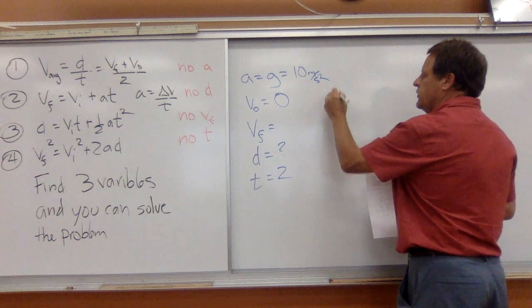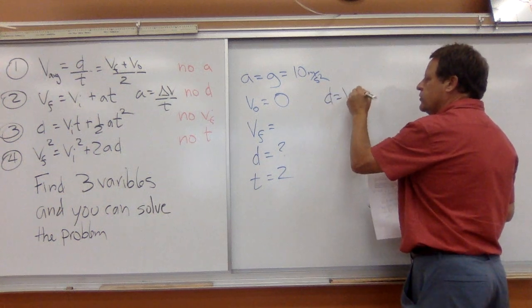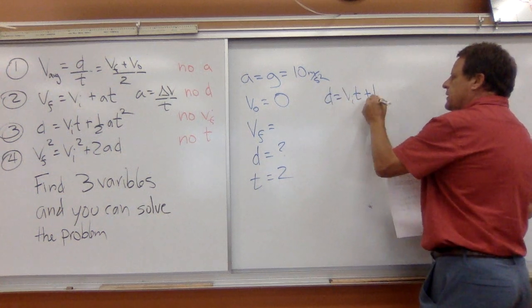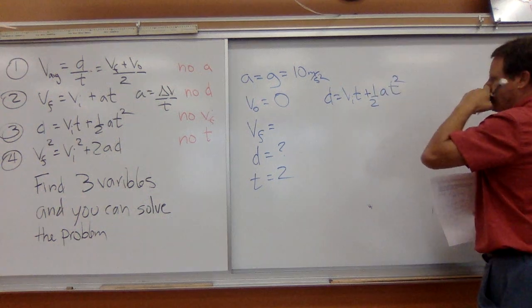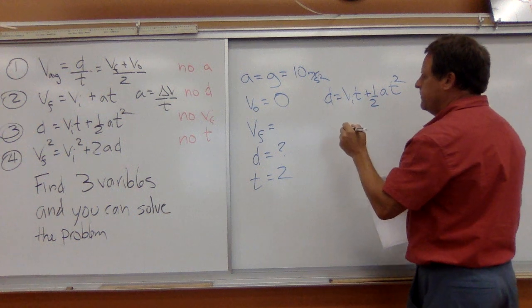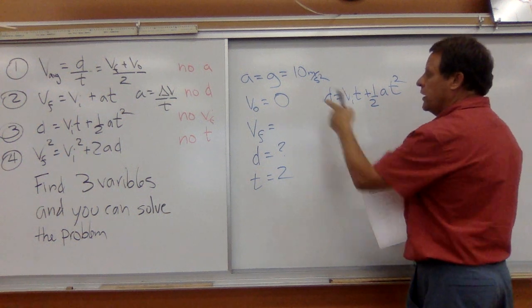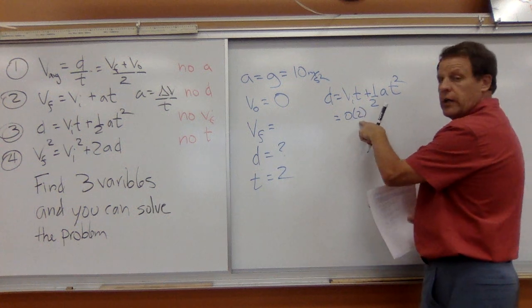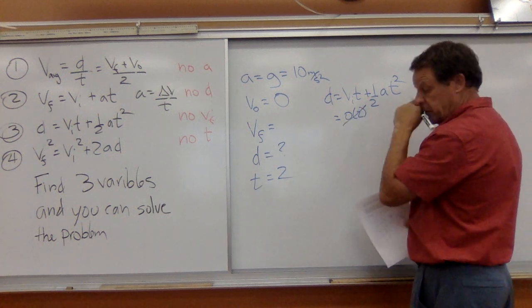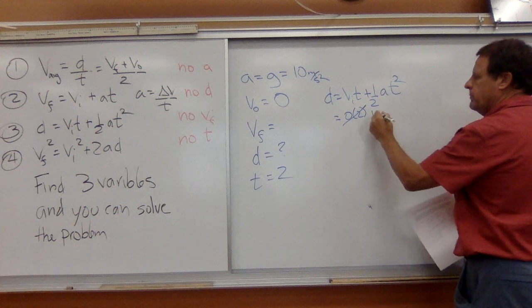All right, so displacement is equal to the initial velocity times time plus 1/2 a t squared. Our initial velocity is 0, so even though the time is 2 seconds, it doesn't matter because 0 times 2 is still 0.